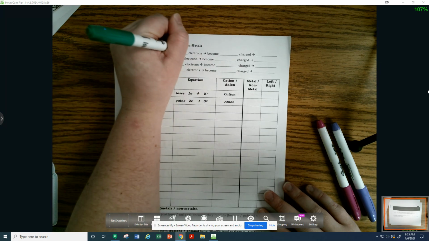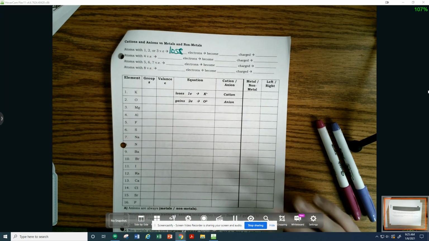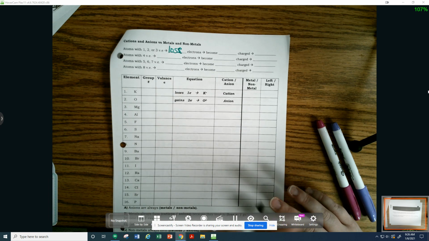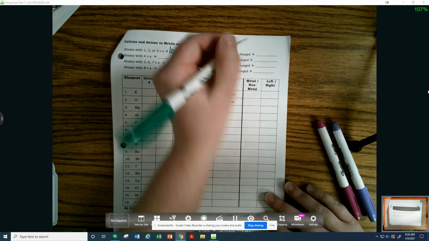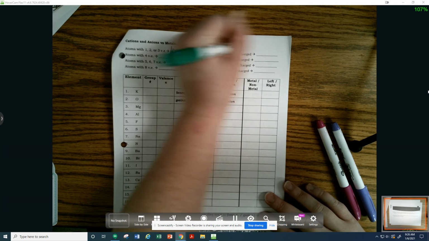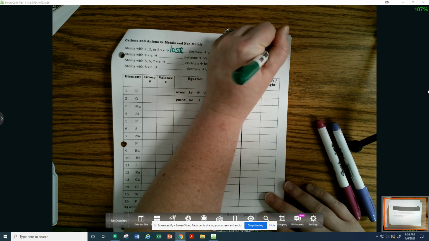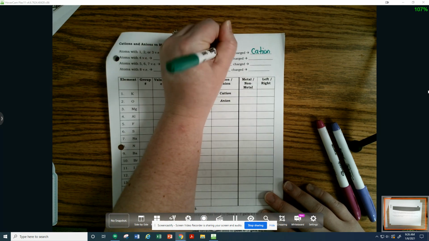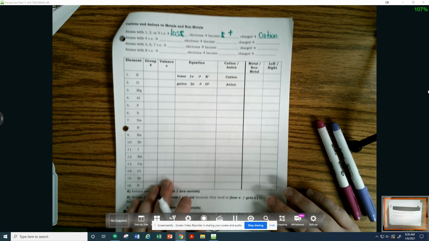And so the next thing is, what kind of ions do they form? So if you are losing electrons, that means you have more protons than you do electrons. So they become cations. And what's the charge of a cation? They are positively charged. Okay?